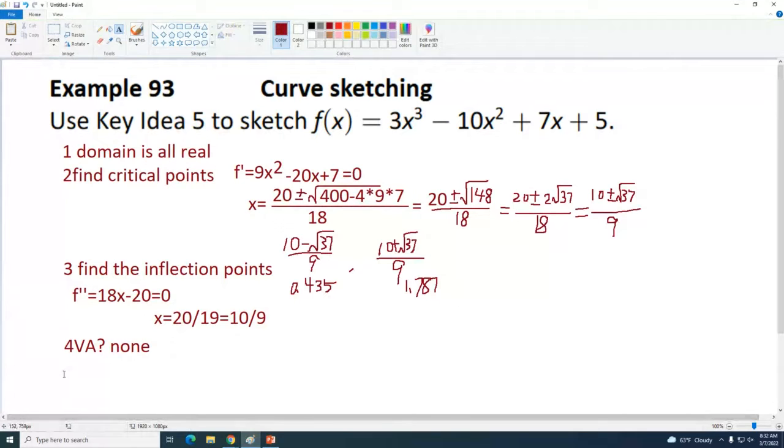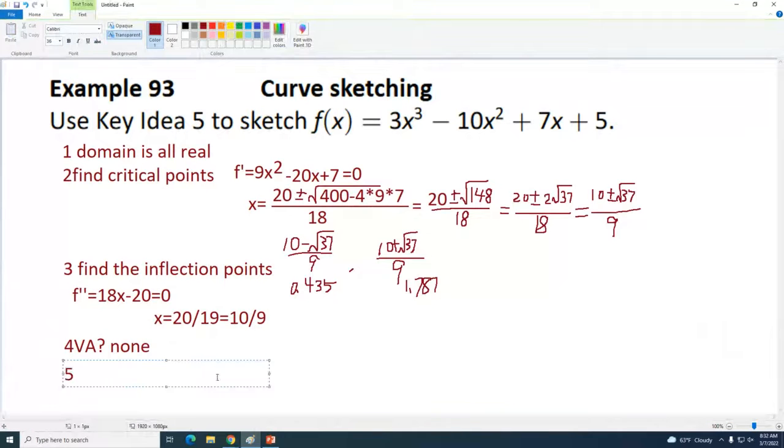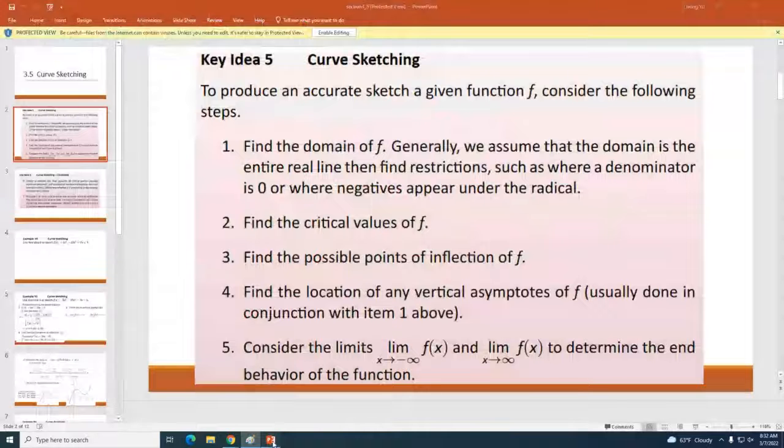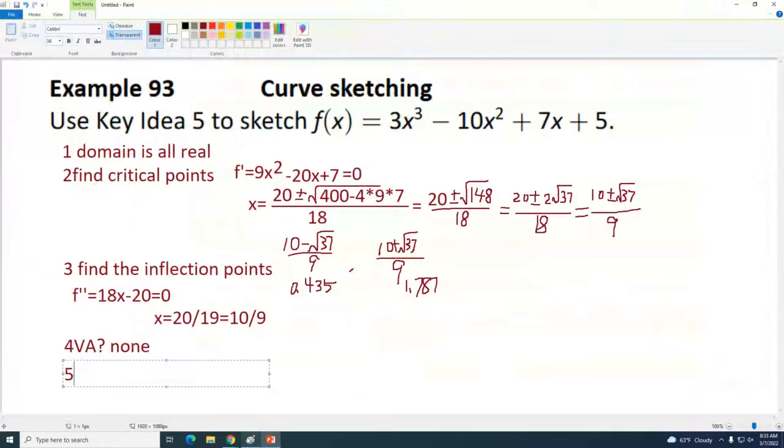Step 4 is done, and step 5, let's try to find horizontal asymptotes. If x goes to infinity, or x goes to negative infinity, what would the y value be? We need to find the limit of the function, looking at the left and right behavior.